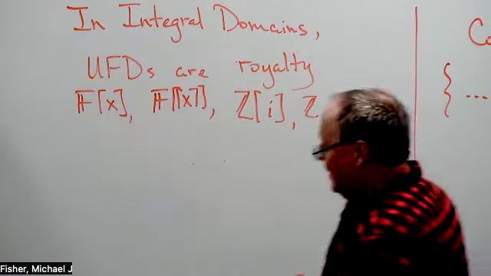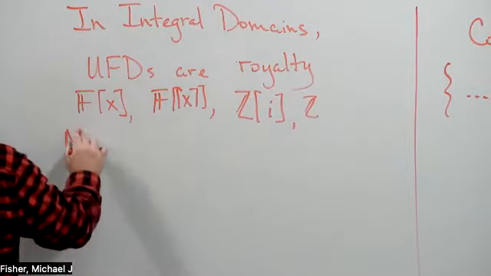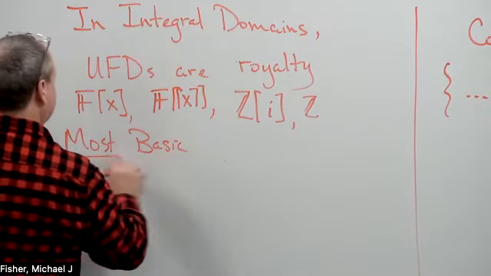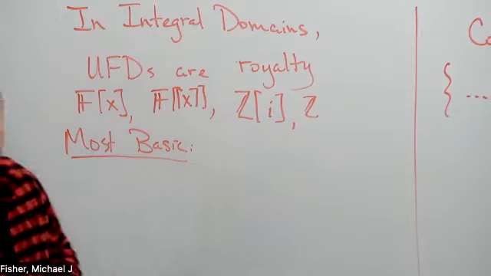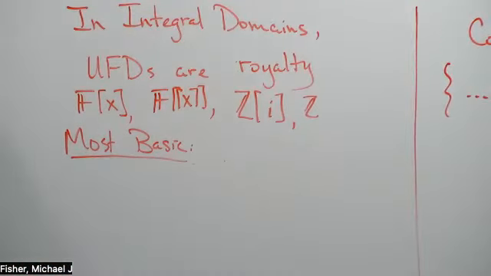But let's dial it back. Here's the most basic factorization type. If you're going to talk about the way things decompose multiplicatively, the first question to ask is, can I factor it? Right?